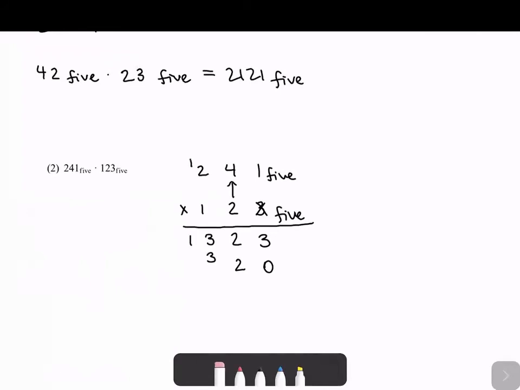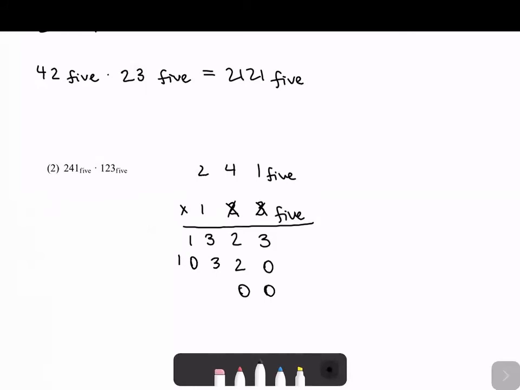So now we're going to look at this 2 times 2. Well, 2 times 2 is 4, and we add 1, that looks like 1, 0. Let me rewrite this for you a little better. Okay, so now we're done with that 2. We've done it all, so we're going to erase the arrow, erase the carry, and we're going to cross out that 2. And now we've shifted 2 places to the left.